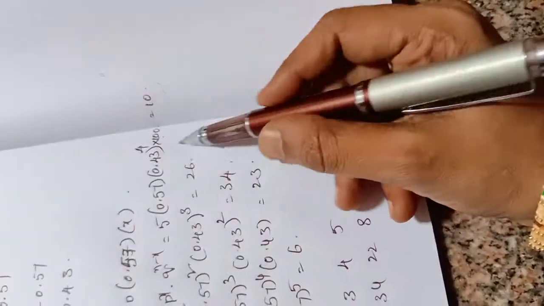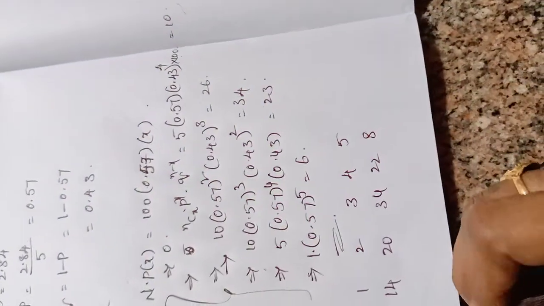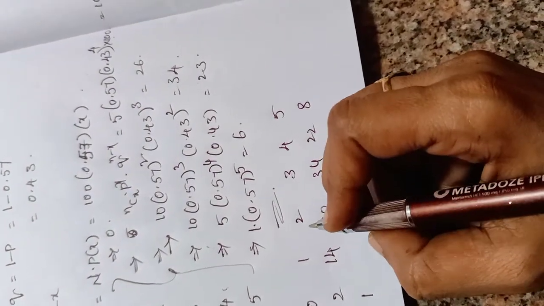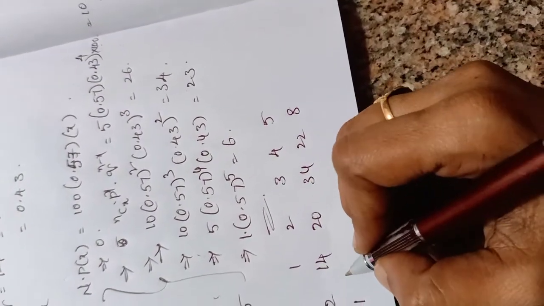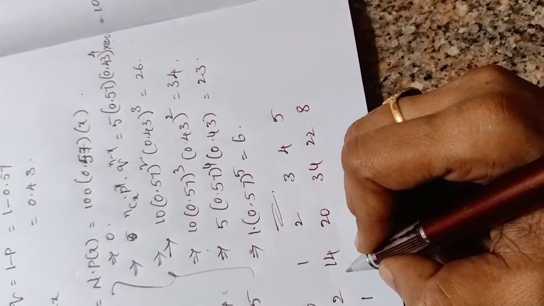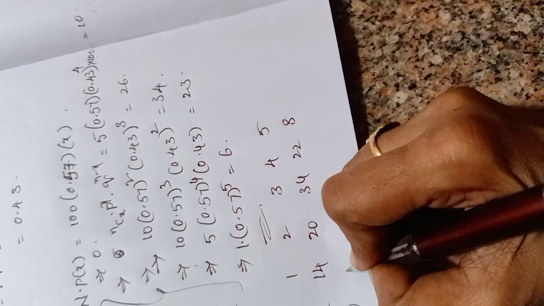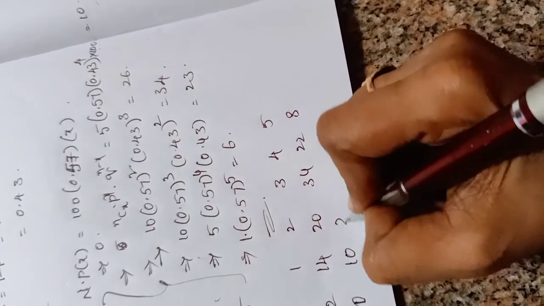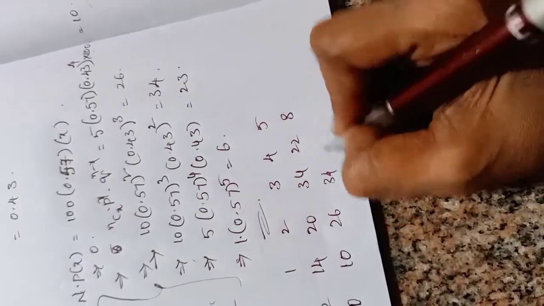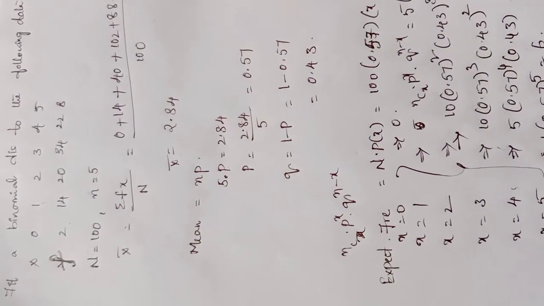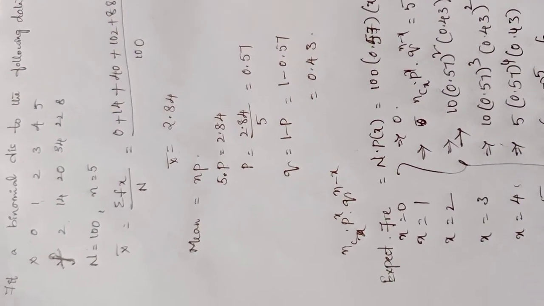The expected frequencies which we have calculated are 0 for x equal to 0, then 10, 26, 34, 23 and 6. So this is the calculation of the binomial distribution for the given x values and frequency values.